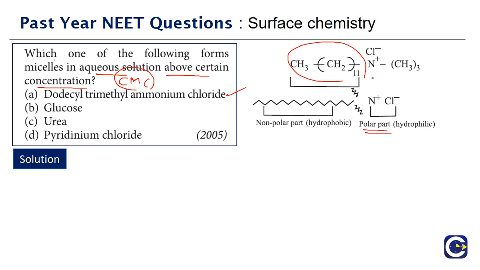So this will be forming micelles, where the non-polar part will be in the center of the micelle, and the polar part will be in the periphery, surrounded by the water molecules. So the substance that will be able to form micelles in aqueous solution above certain concentration, which we call the critical micelle concentration, is dodecyl trimethyl ammonium chloride.